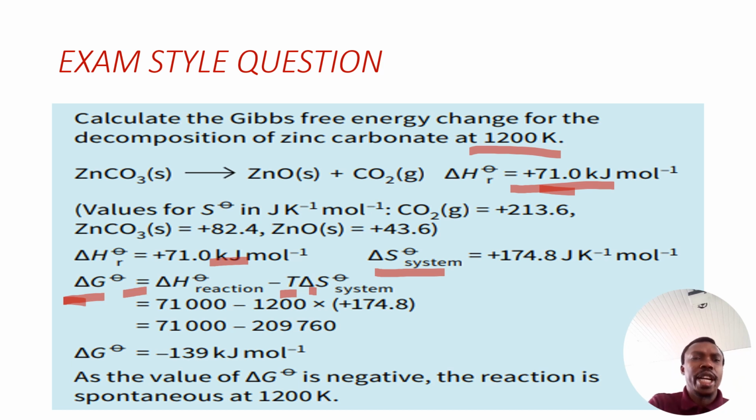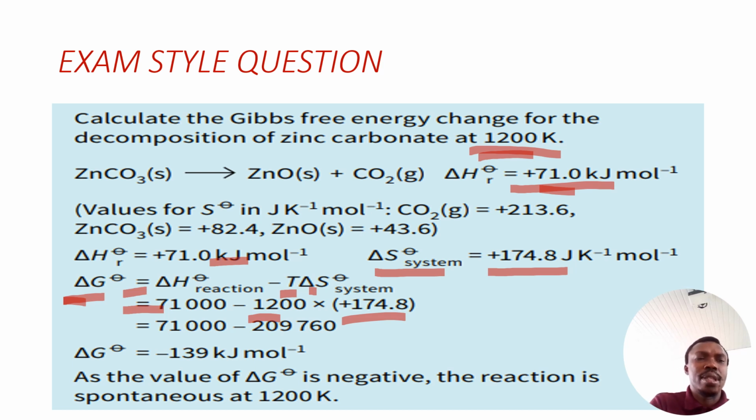So enthalpy of reaction is 71.0 kilojoule per mole. We'll convert it to joule per mole by multiplying by 1000. So we'll have 71,000 joule per mole minus the temperature, which is 1200 Kelvin, times the entropy of the system, which is 174.8.